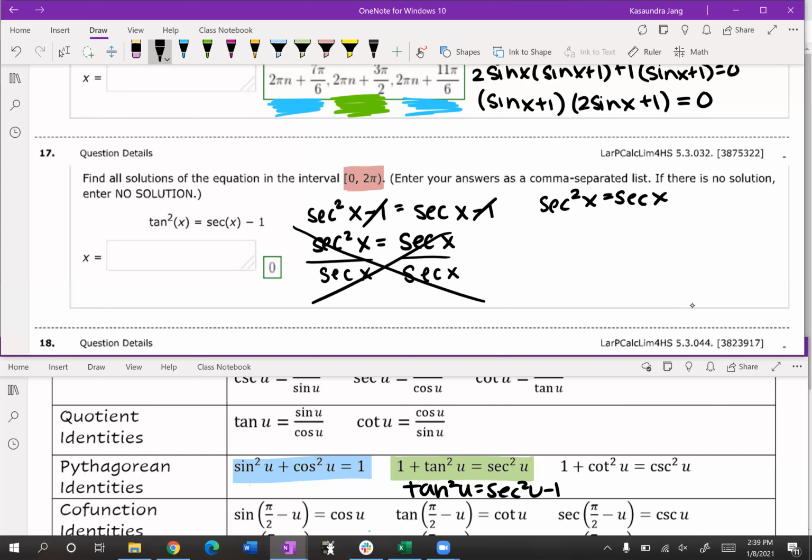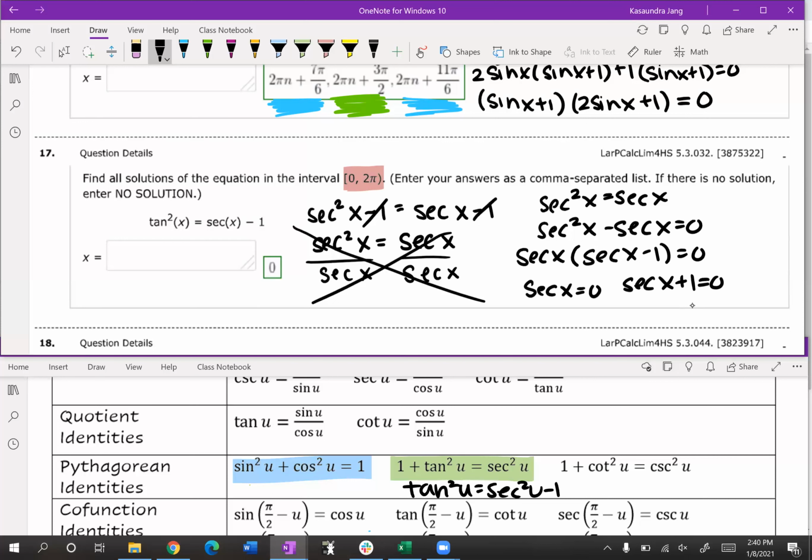I'm going to subtract my secant on both sides. And then I will factor out a secant of x. That's what they have in common. And then I will set each of my factors equal to 0. Now, if I had divided them out, I would have gotten secant of x equals 1.